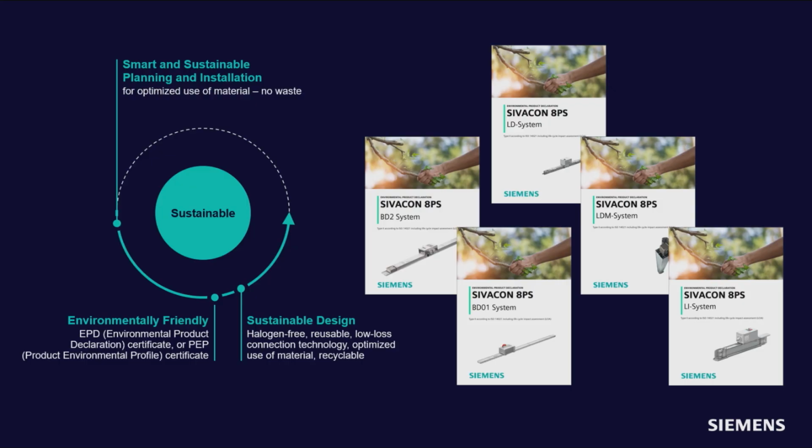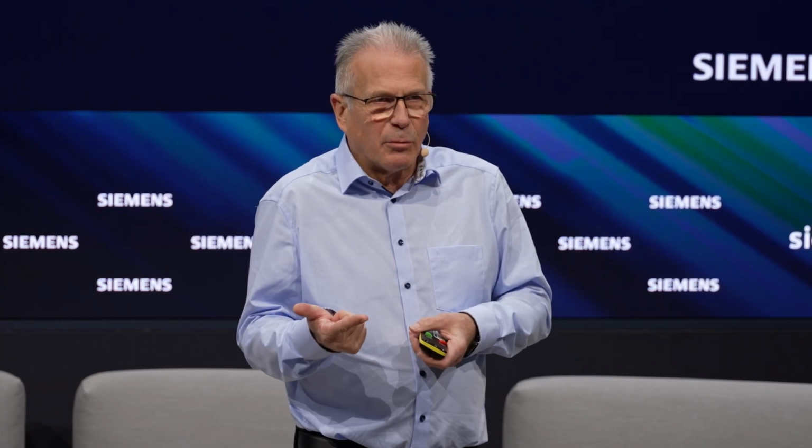You can reuse a busbar trunking system. And you can recycle it very easily because of the metallic setup of the busbar trunking system. And all this is documented in the so-called EPD, the Environmental Product Declaration, where all these figures are shown for all the systems, both for manufacturing the system and operating the system.